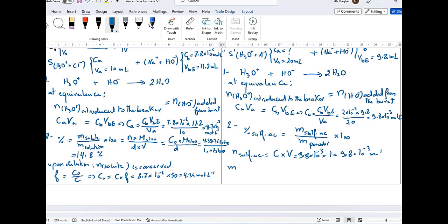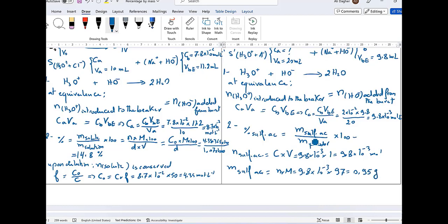Then we can determine the mass of sulfamic acid equal number of mole times molar mass, 9.8 10 negative 3 times 97 the molar mass, equal 0.95 gram.